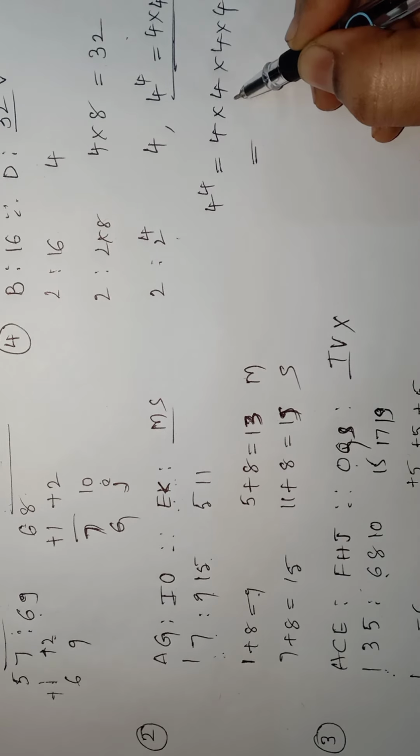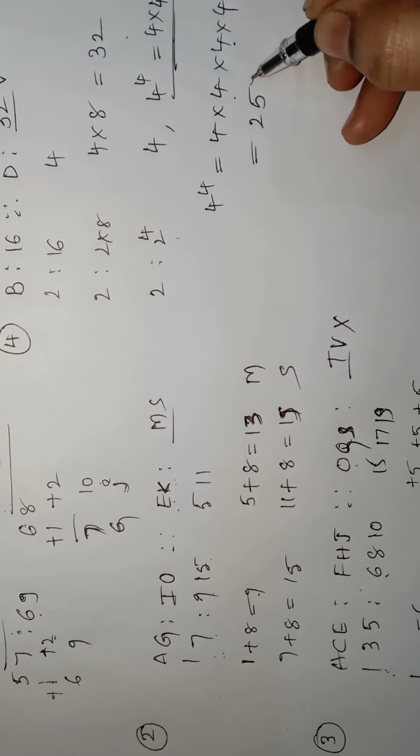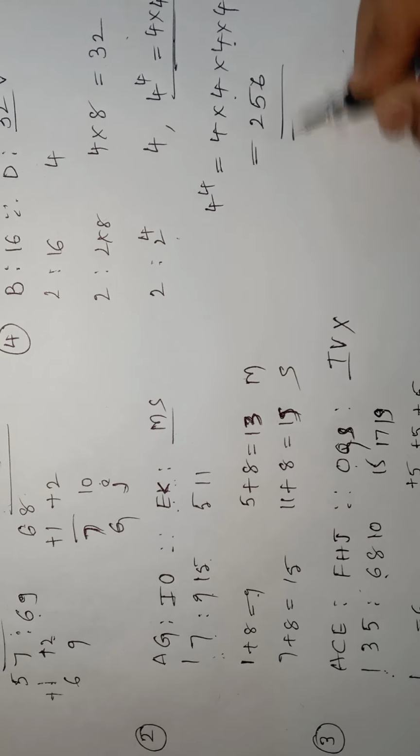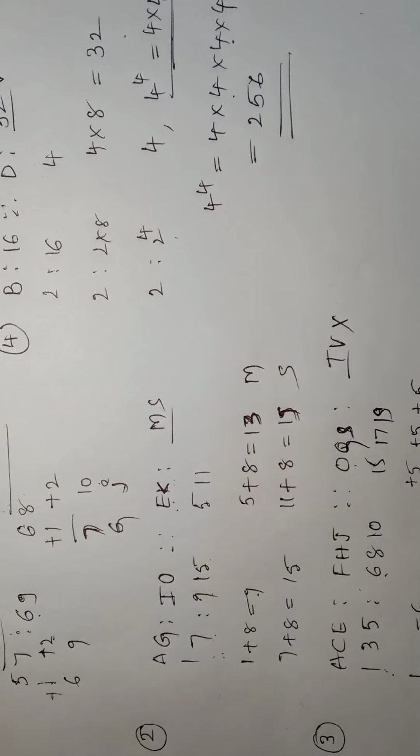Now 4 fours are 16, and 16 sixteens are 256. So the answer is 256. Likewise, you have to check the options whether the answer is in the options or not.